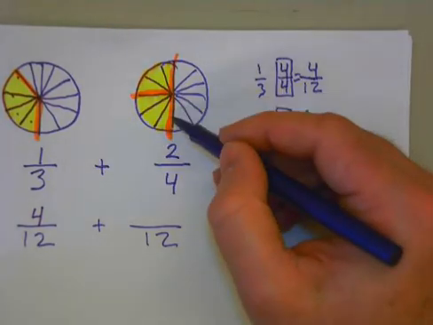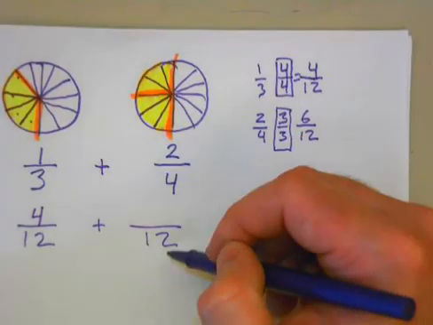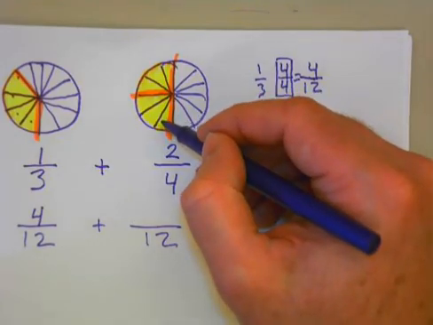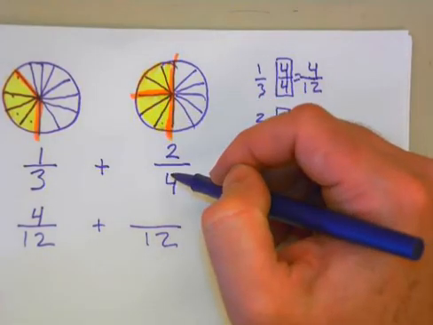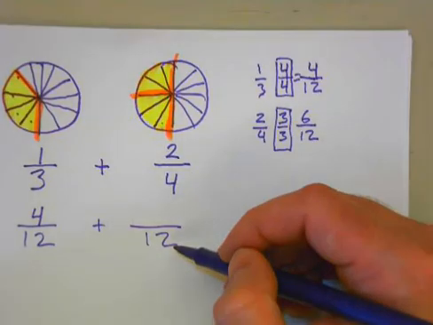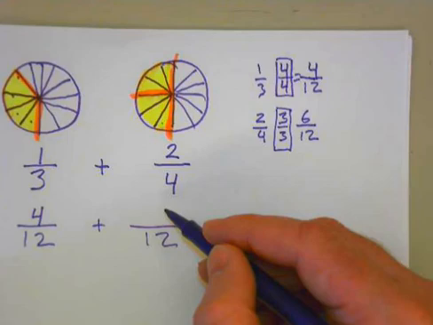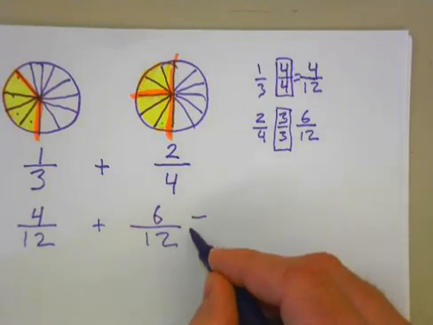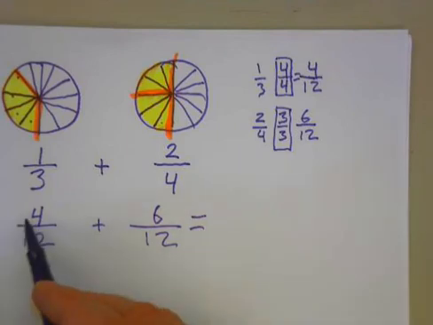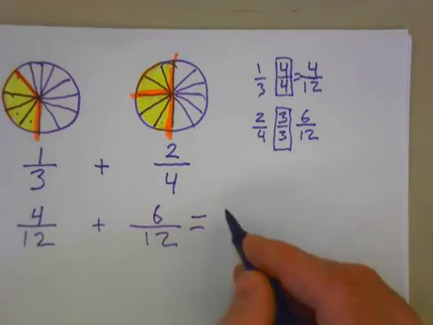In this case, I have 4 goes into 12 3 times. Each original piece is split into 1, 2, 3 pieces, and I had 2 pieces, so 4 goes into 12 3 times. 3 times 2 is 6. Now my pieces are the same size. I can add the number of pieces. 4 plus 6 is 10.